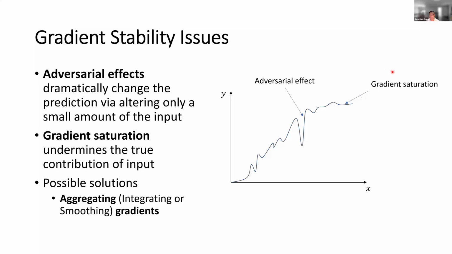Another effect is gradient saturation. That means if your input is in this range here, right, no matter how much perturbation you apply to the input, your explanation will not change. Based on this, our solution is, instead of using the gradient at a certain point, when you take the derivative at a certain point, we do the integration of the gradients. That means we look at a certain region to stabilize the explanation.